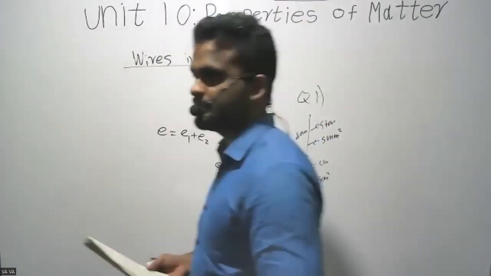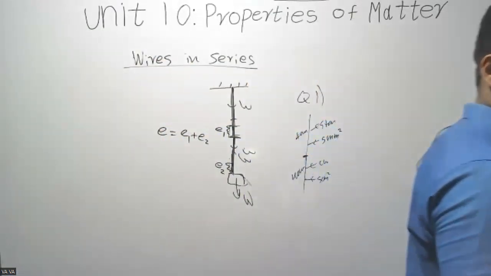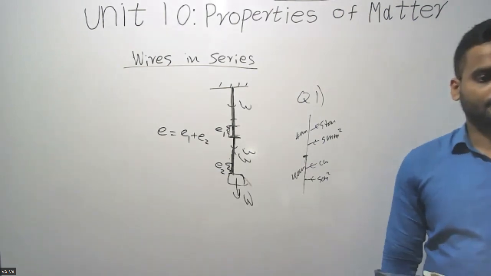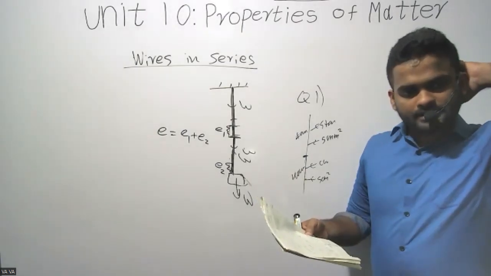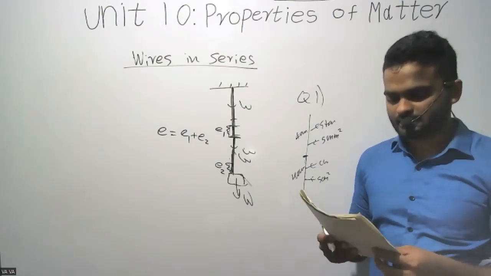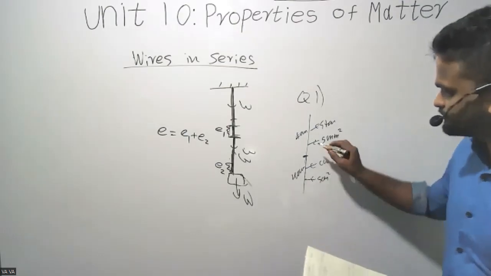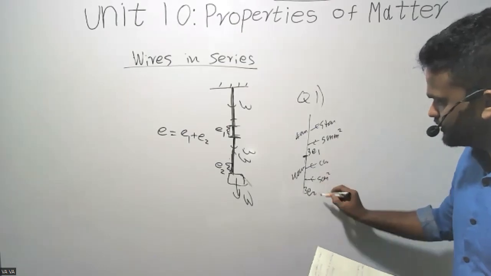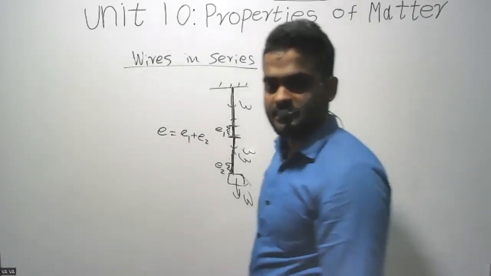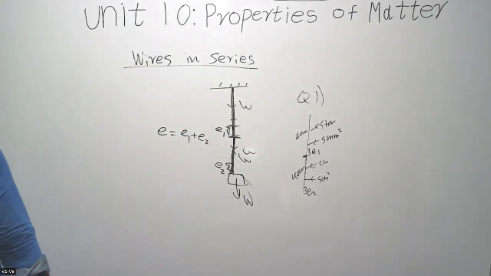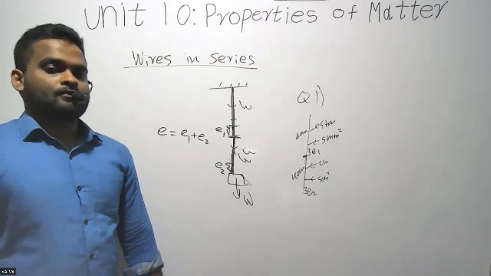They are connected in series. When a load is applied, the total extension of the compound wire is 6 millimeters. Find the load applied.